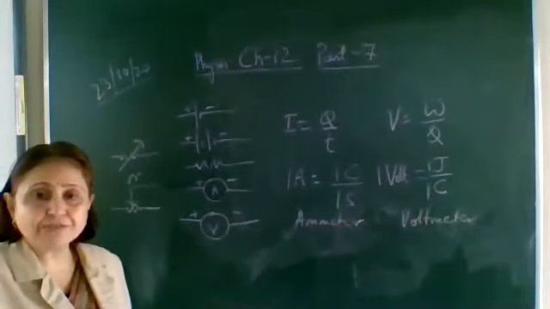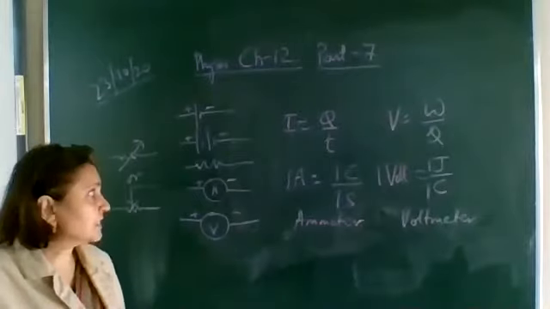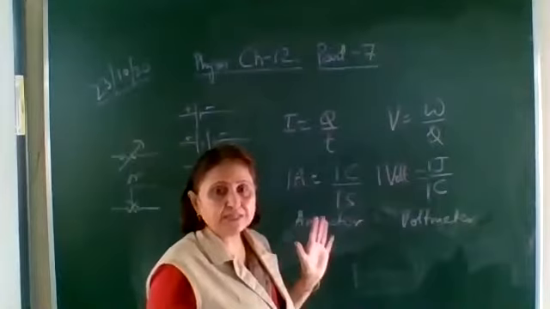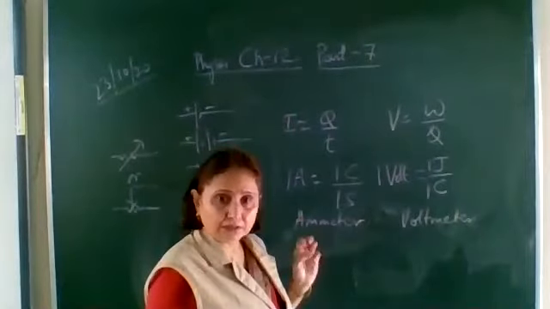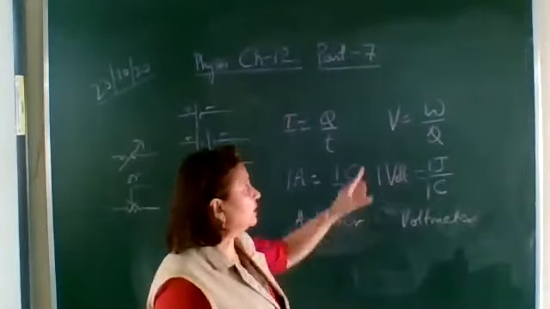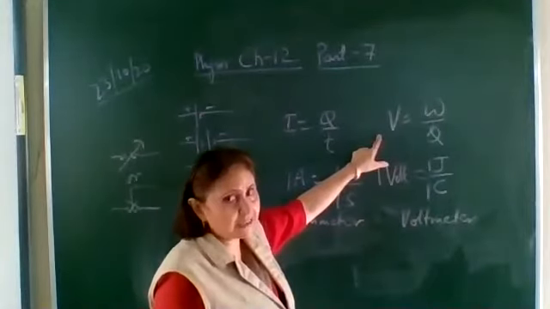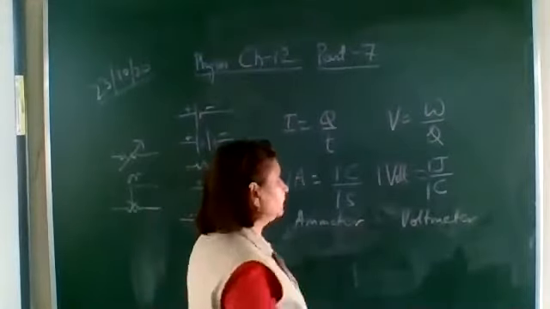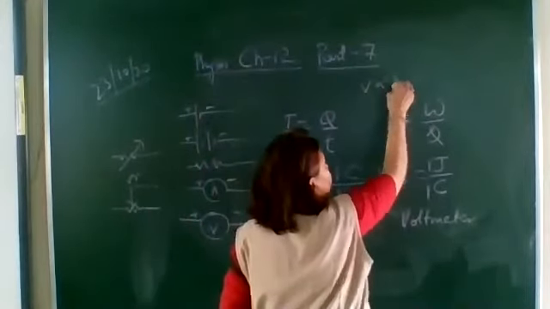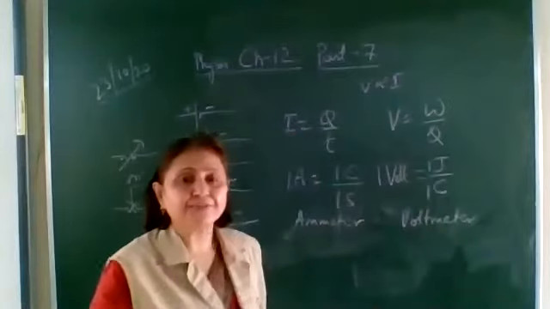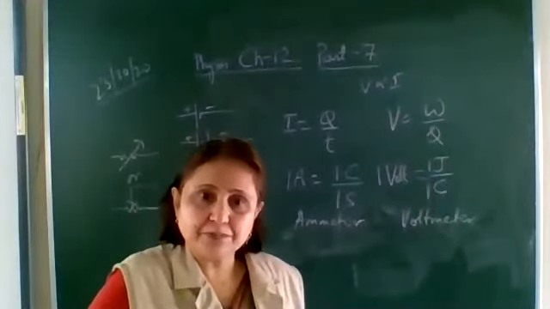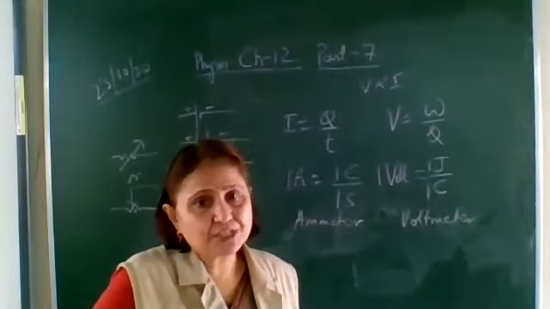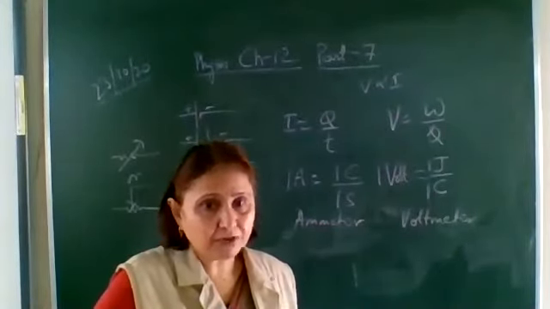Then Ohm's law we have studied. Ohm's law states that if the physical conditions are constant, like temperature, the length of the wire, the cross-sectional area of the wire, then V is directly proportional to I. So Ohm's law states that the potential difference between any 2 points is directly proportional to the current, provided the physical conditions, temperature, etc., remain constant.